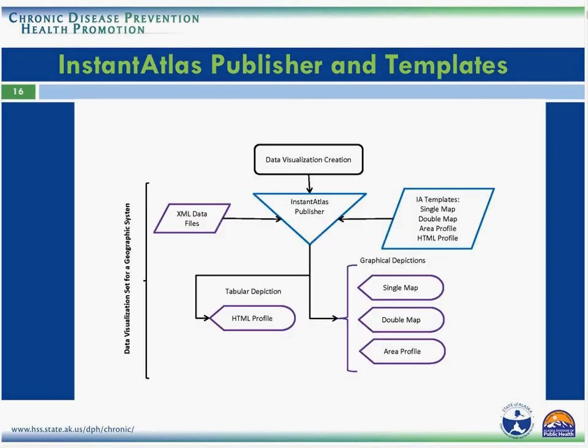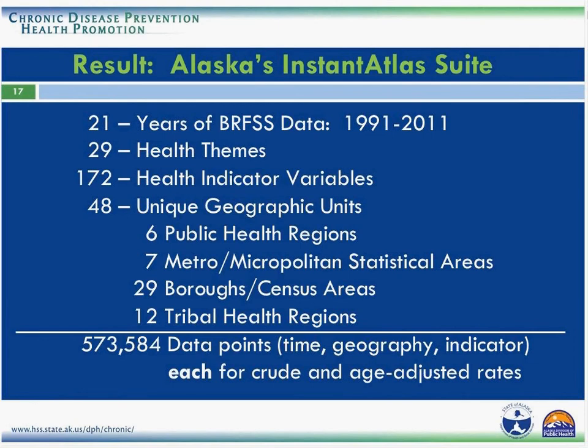If we have health goals, when present, they're added as comparisons. We're able to specify the metadata and the data quality indicators, and we can compute the differences from the statewide mean on the spine chart and area profiles. Finally, the data can be exported as comma-separated values for use by adaptive devices. And lastly, the XML data sets can be tailored to the specific InstantAtlas templates.